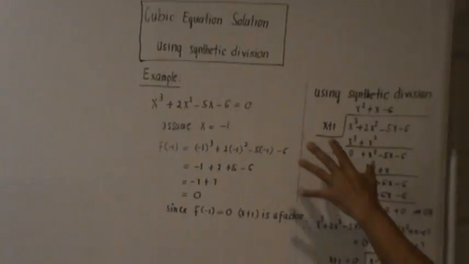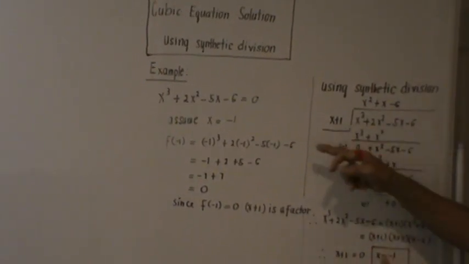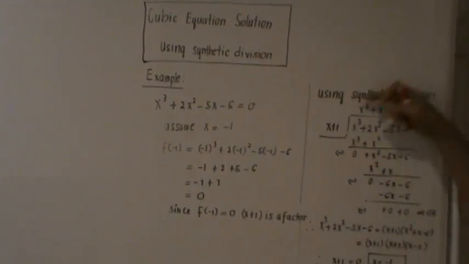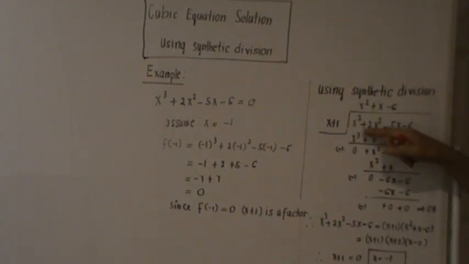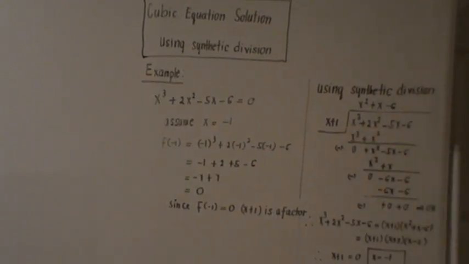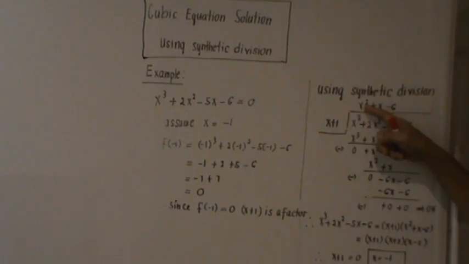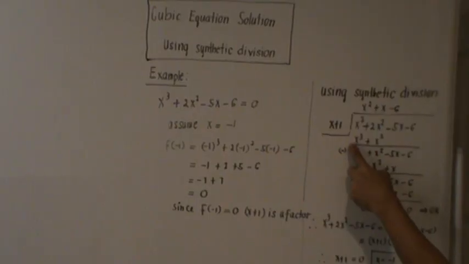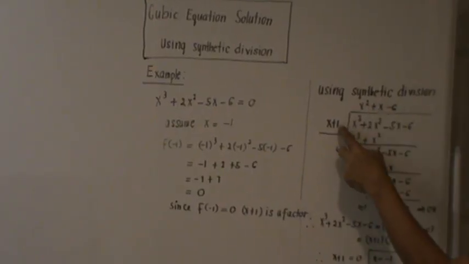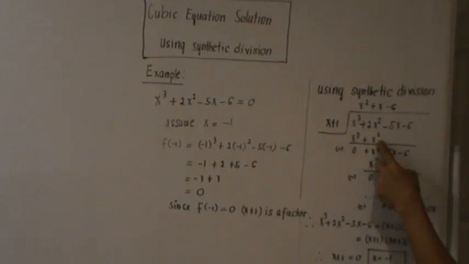One of the possible factors of that cubic equation is actually x plus 1. So, to compute for the resulting quadratic equation, which must be multiplied here for it to become a cubic equation, we use synthetic division. We divide this cubic equation by the factor x plus 1. So the first possible factor on the quotient will be an x squared. An x squared multiplied by x will be an x cubed. And an x squared multiplied by 1 will still be plus x squared.